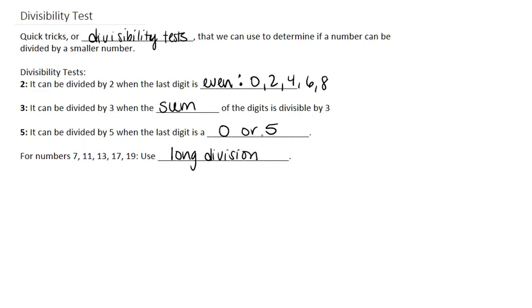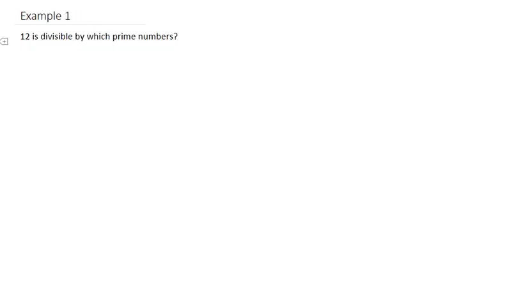So let's look at example 1. 12 is divisible by which prime numbers? So we have 2. So we're going to ask, is 12 divisible by 2? Which we would say yes, as it ends in an even digit, because it ends in a 2. 3.